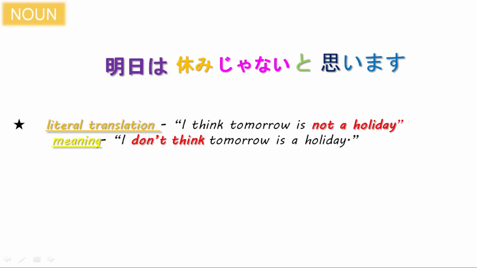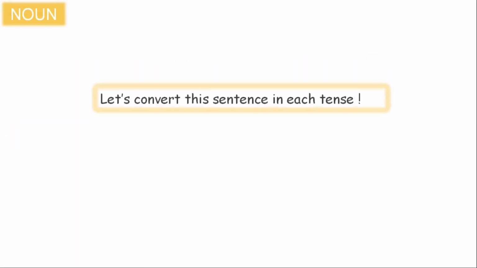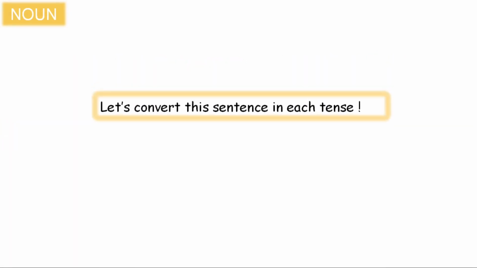So don't worry, even if you convert this inside clause into negative, the meaning comes out, I don't think. Okay? So just remember, do not alter this omoimasu. Just change the clause into its tense. Fine. Now let's convert this statement into each tense.